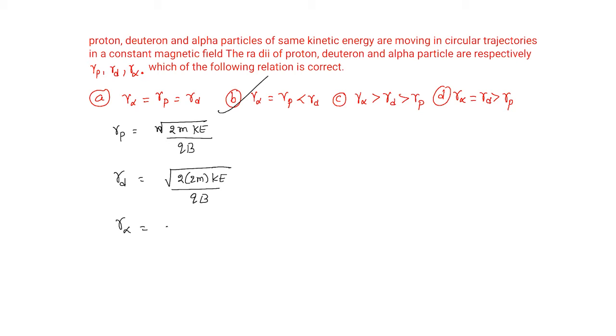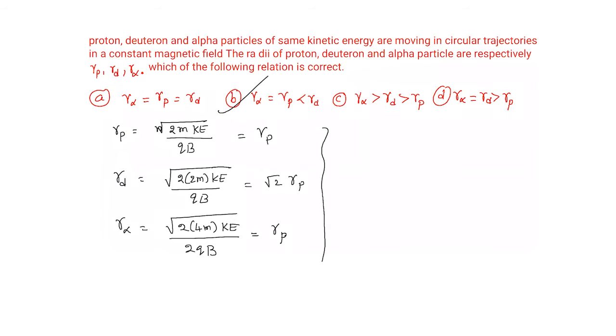Radius of alpha particle is 2 times 4m KE divided by 2qB, which is equal to the radius of the proton. Radius of deuteron is root 2 times the radius of the proton. Now see, radius of proton is equal to radius of alpha particle, which is less than radius of deuteron.